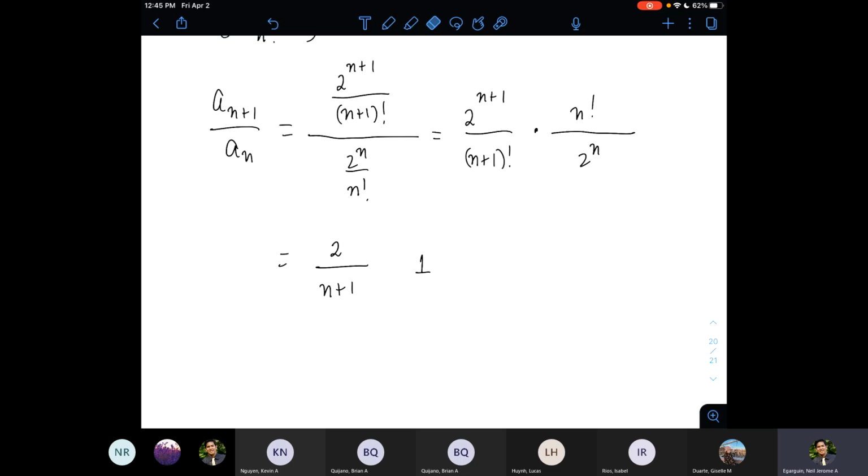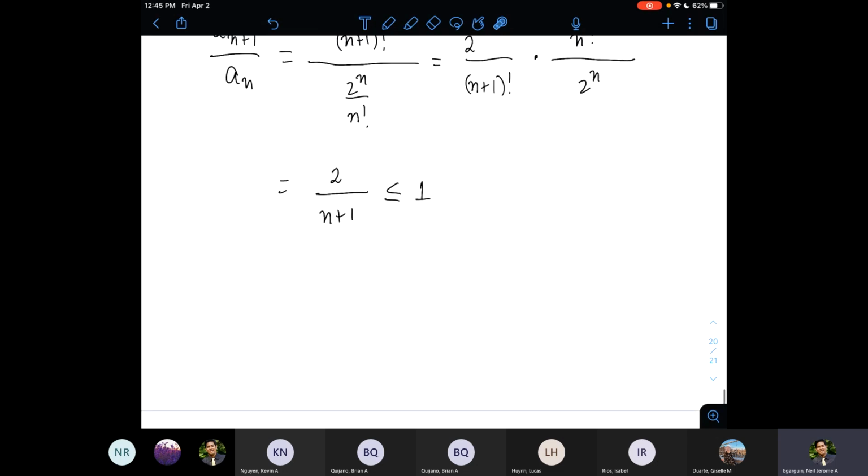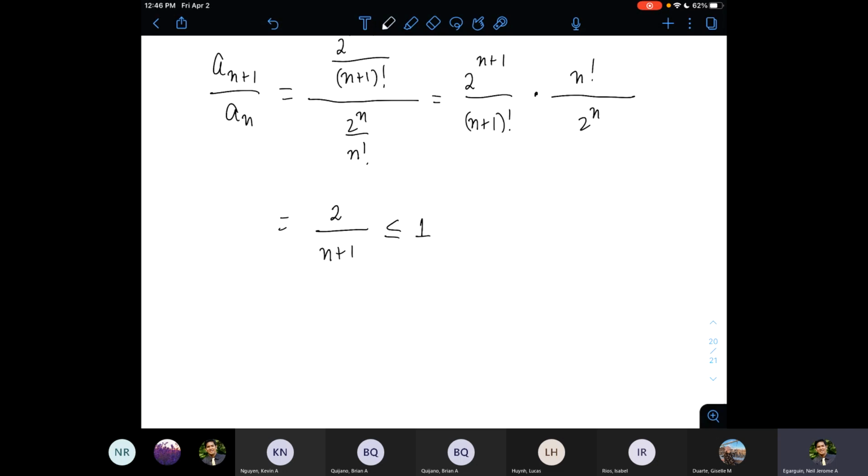Okay, that's almost right. Just be careful, Kevin. This is less than or equal to 1, because when n is equal to 1, you'll get 2 over 2, that's 1, right? But after that, it will always be less than 1, right? So what we found here is that a sub n plus 1 all over a sub n is less than or equal to 1.